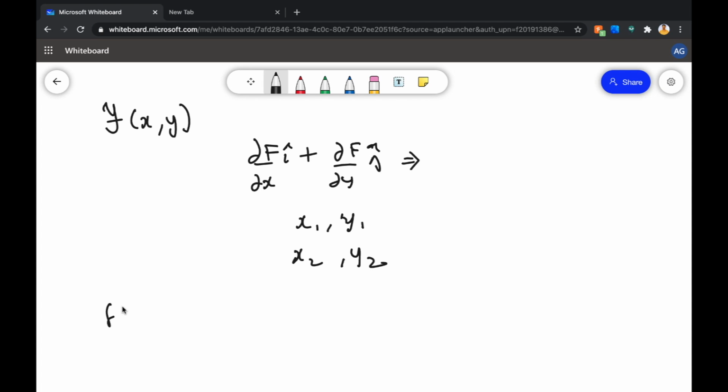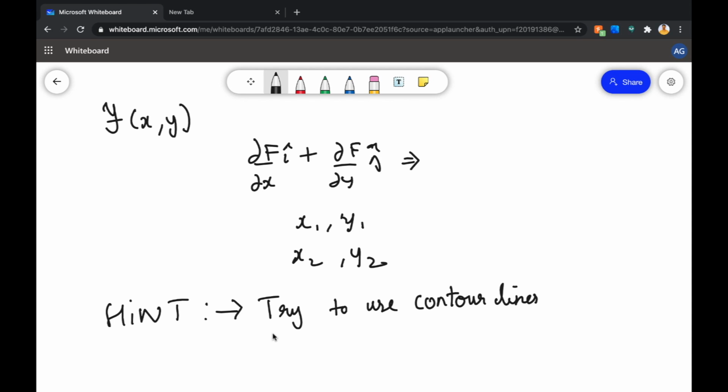Just a hint to analyze this function is, try to use contour lines. This is a hint I gave you. You can do it without using contour lines also, but it will be a 3D curve and it'll get all messy and stuff.